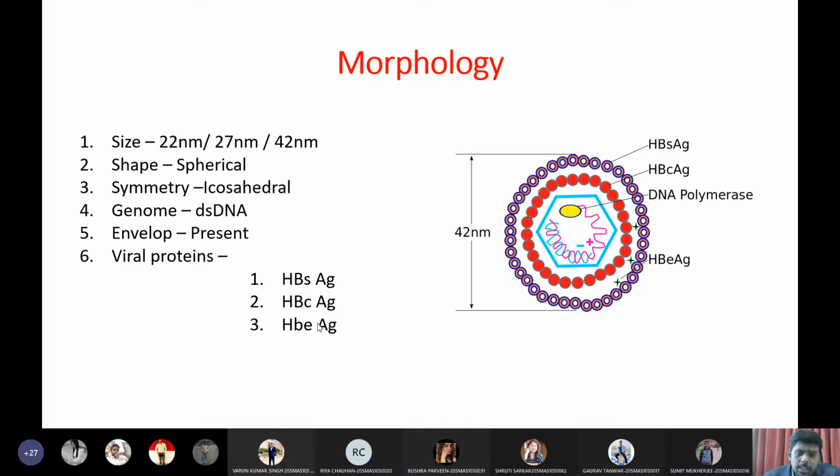Apart from the surface and envelope antigens, we also have the core antigen of the virus. Usually HBC antigen is seen in all types of hepatitis infection. So in all types of hepatitis infection we can see this core antigen, whereas presence of envelope antigen indicates super carriers, and presence of surface antigen indicates simple carriers.